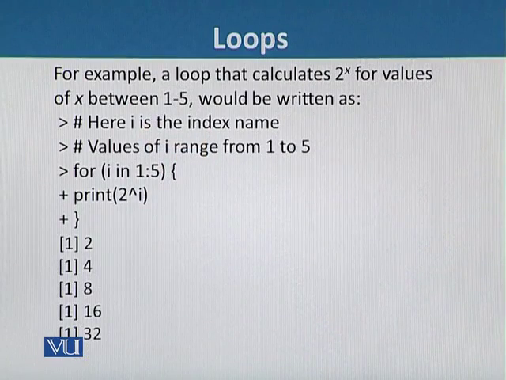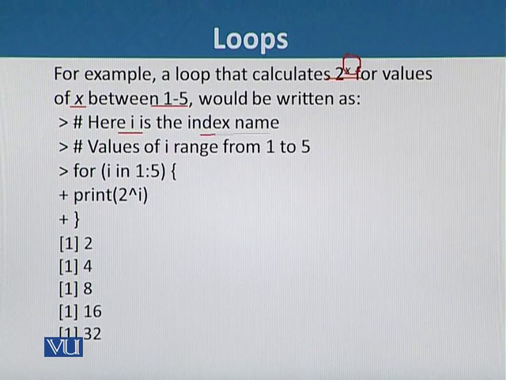For example, a loop that calculates 2x for values of x between 1 to 5. Here the value 2x depends on x, and x goes from 1 to 5. It would be written in code with i as the index name, as we have seen that we have to give the index name, and in this case the index name is i.